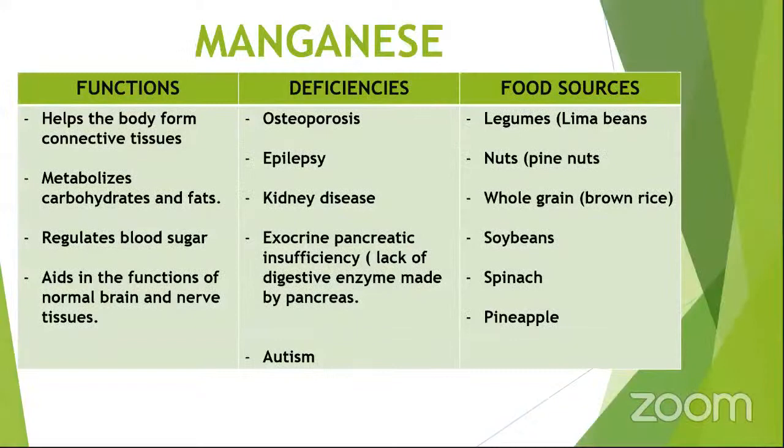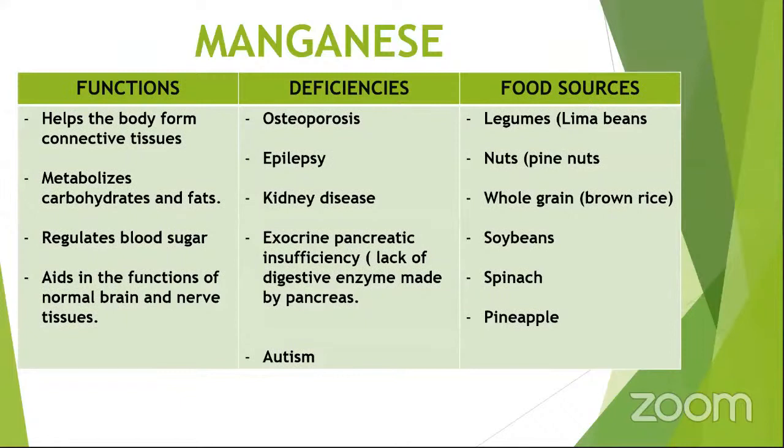Manganese. Manganese helps the body to form connective tissues. It helps in the regulation of blood sugar and it metabolizes carbohydrates and fats. If you're deficient in manganese, you can suffer from osteoporosis, epilepsy, kidney disease, and autism.